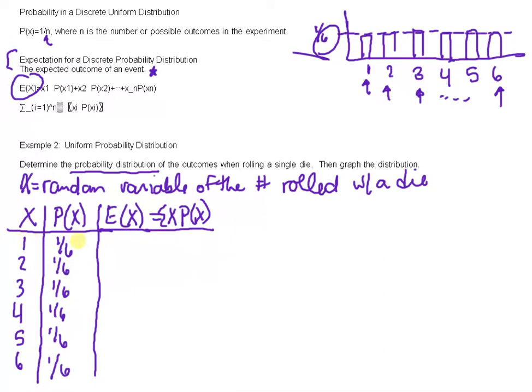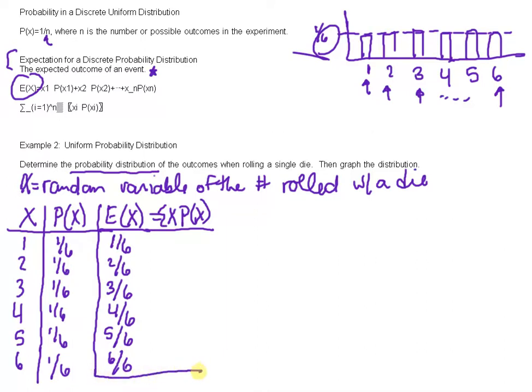So let's do 1 times 1/6 is 1/6. 2 times 1/6 is 2/6. And my advice is not to reduce these because it's going to be easier. You're going to see at the end, 3 times 1/6 is 3/6. 4 times 1/6 is 4/6. 5 times 1/6 is 5/6. And 6 times 1/6 is 6 over 6.